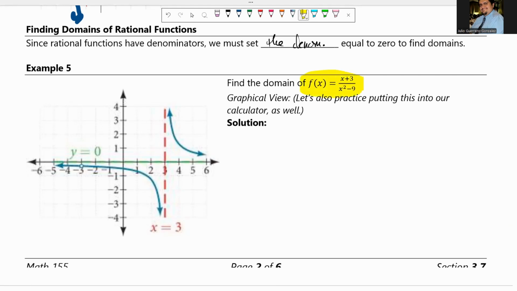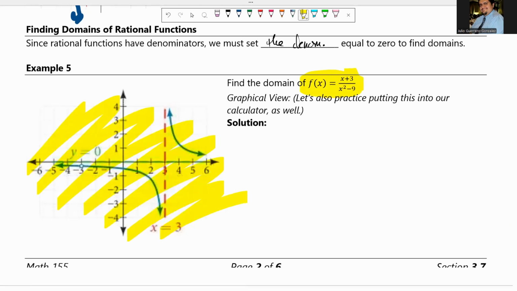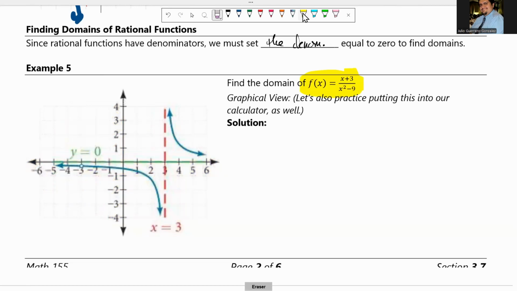Let's take that function right there. The graph is over here on the right. Hopefully you guys see there is a vertical asymptote right there, and there's a horizontal asymptote.